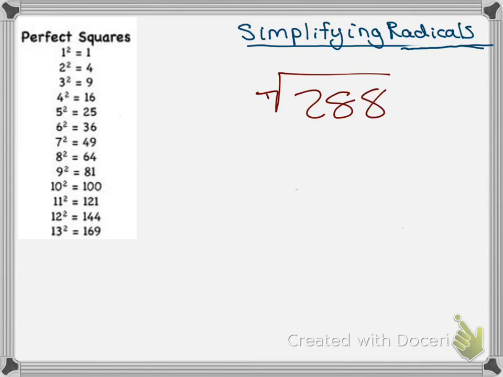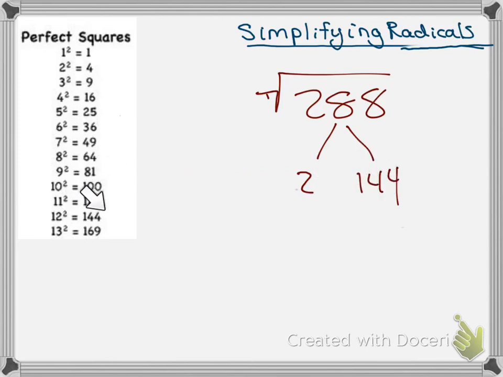Okay? So I look at this and I'm like, well, this is even. I know this is even because the last number is even. So I know 2 will go into it. 2 times what is 288? 2 times 144. But then I think to myself, I recognize 144 as a perfect square.